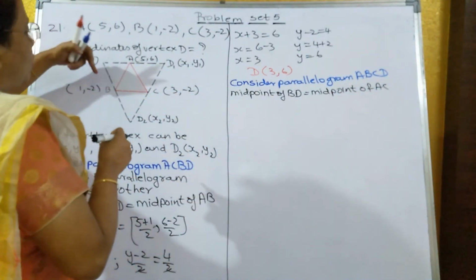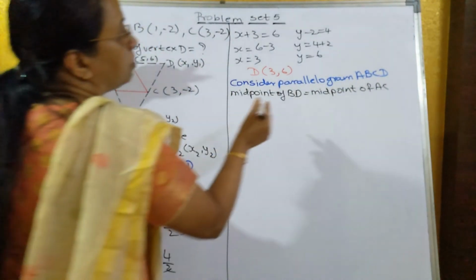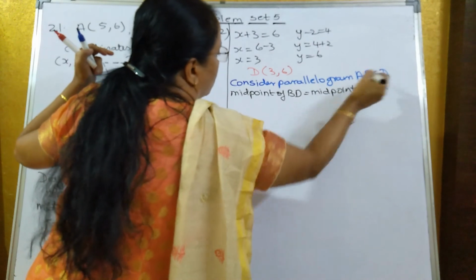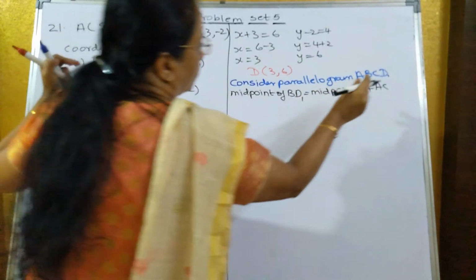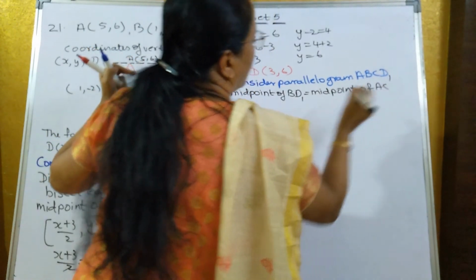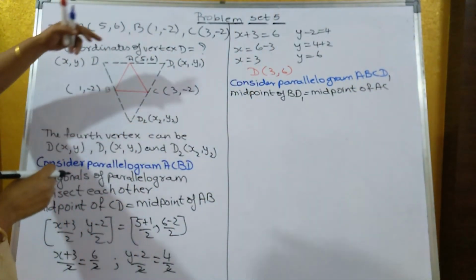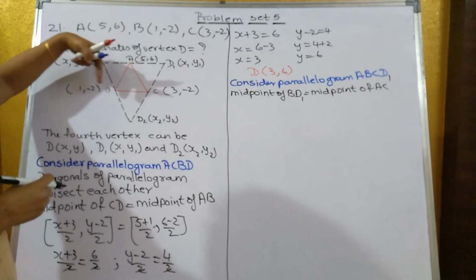Now we will find out BD, not BD1. This is D1. ABCD1. So the midpoint of BD1 is what?